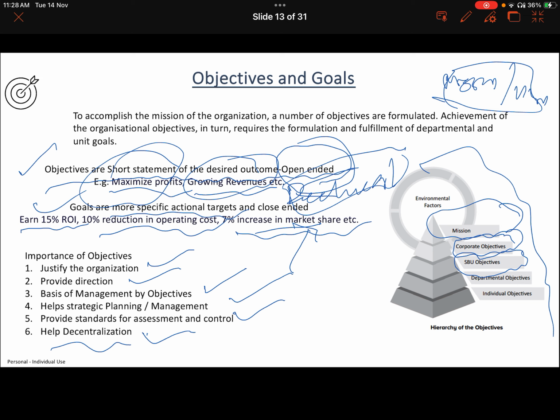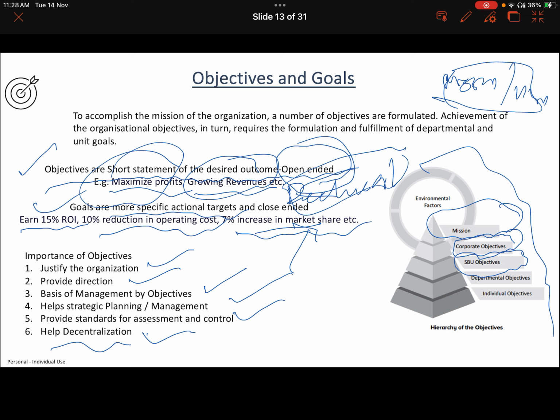Each of these is called a strategic business unit under the Tata Group. Your IT company Tata TCS, the air travel business of Vistara or Air India, then Tata Steel, Tata Motors, all those are strategic business units within that.